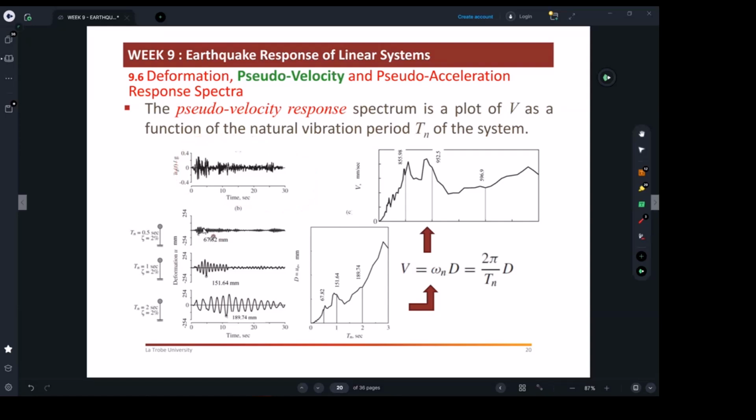We have simulated or calculated the response for a different range of time periods for a given damping. And then we plotted our displacement spectrum curve. And if you want to convert your displacement spectrum curve to a pseudo velocity spectrum curve, you basically can apply this relationship, right?